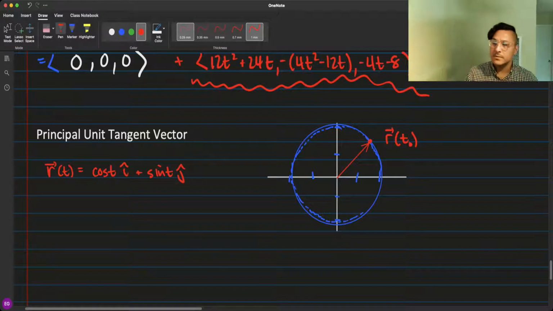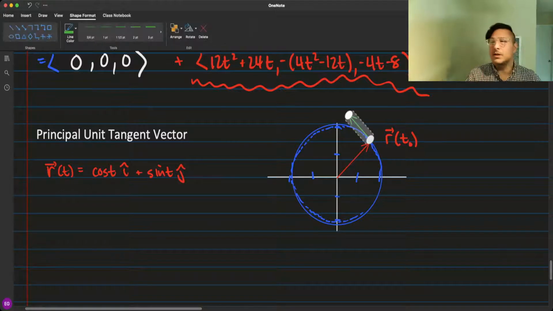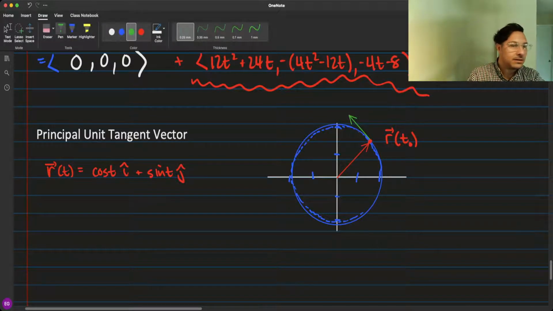And we've been talking about how if you plug t naught into the derivative, you get this, which is the tangent vector. So this will be r prime of t naught.